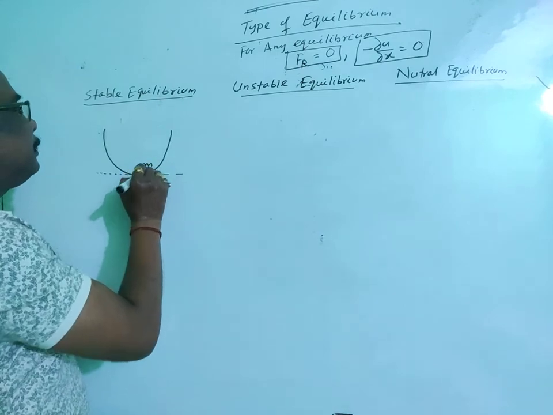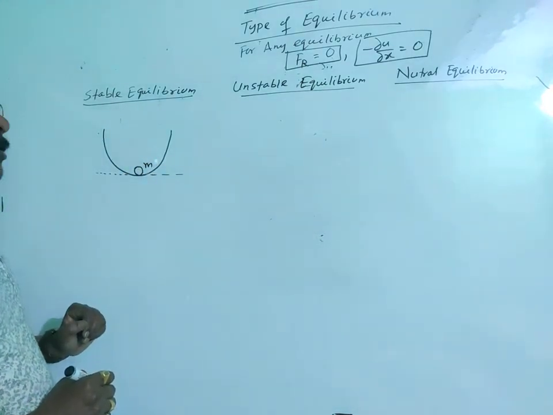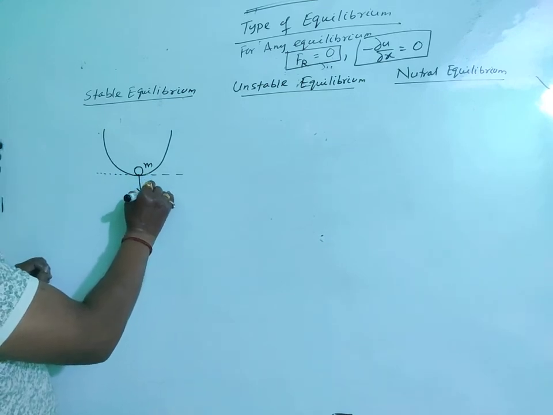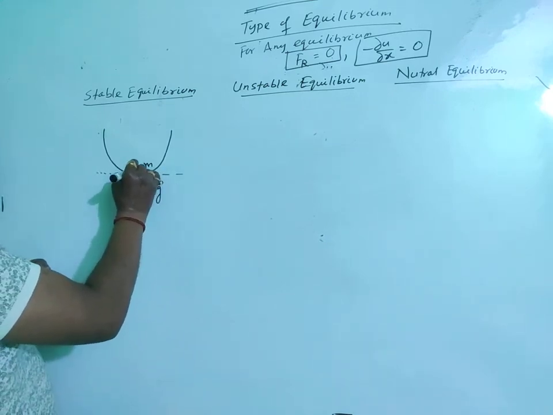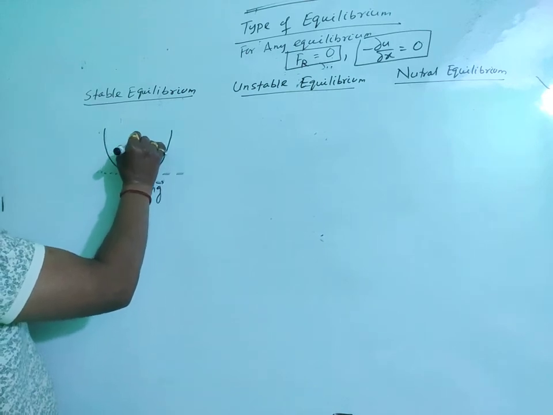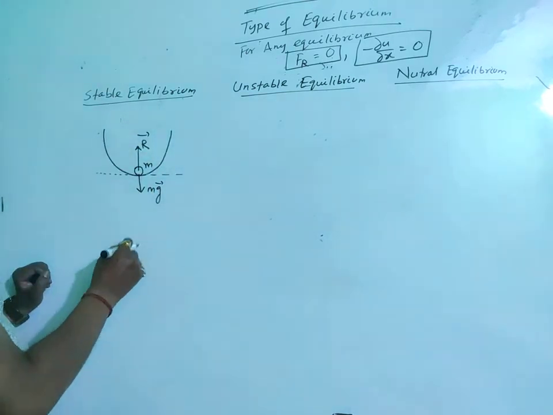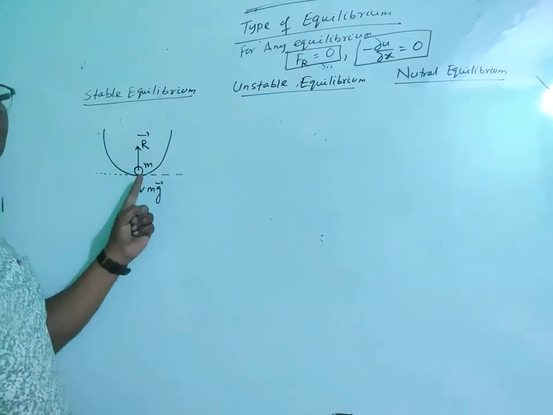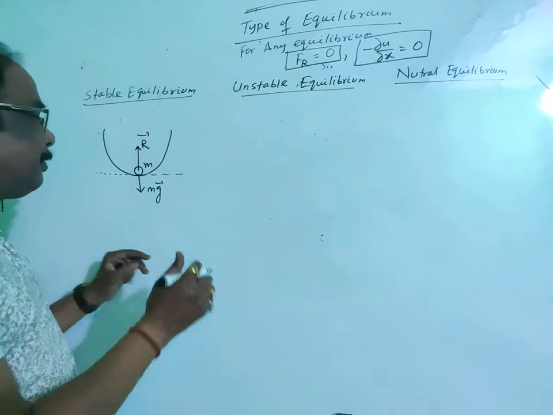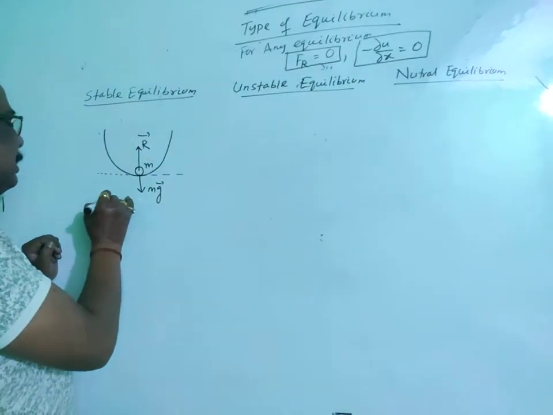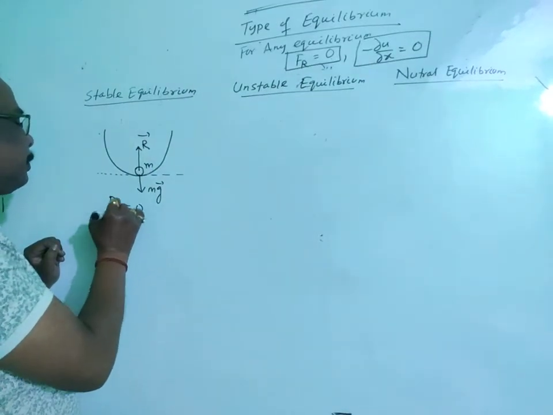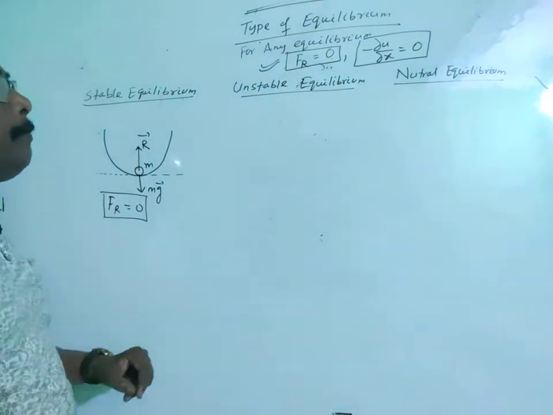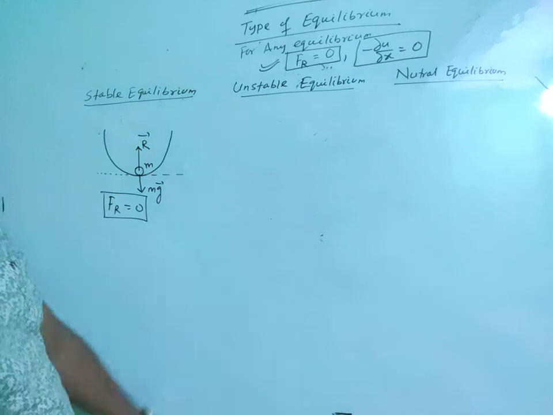The weight of the body acts vertically downward and the normal reaction is R. They are in opposite directions, so they balance each other. So the net force on the body is 0, and the first condition for any type of equilibrium is satisfied.